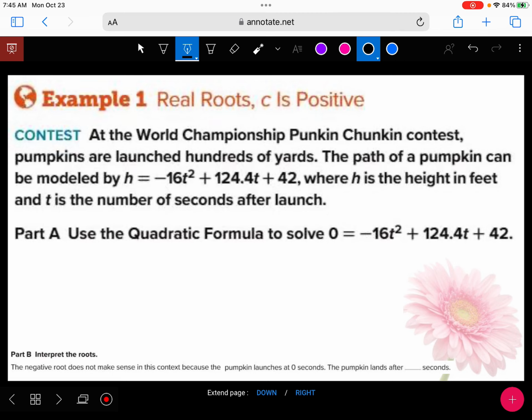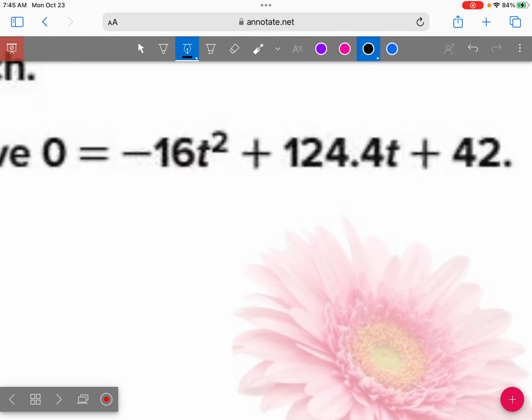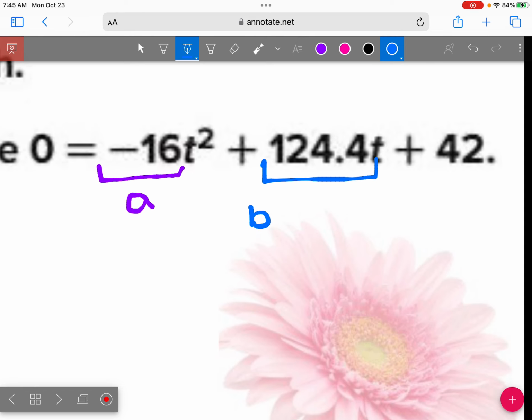So we are going to substitute these values into the quadratic formula. I've got my a being negative 16, my b being this horrible, horrible decimal, and c is 42.